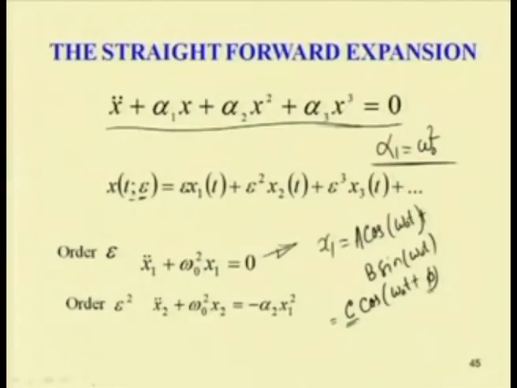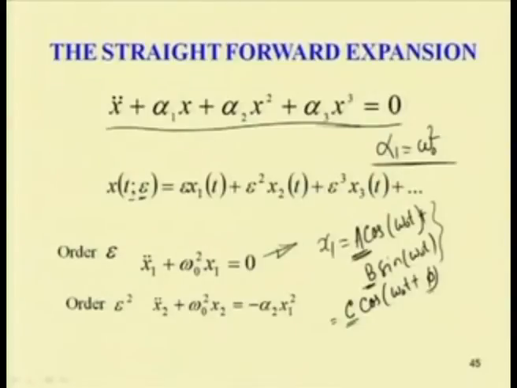In the first case, one can substitute the initial condition first and find the coefficients A and B, and then proceed to the order of epsilon square. In the second case, one can first find all the solutions, and instead of applying the initial condition at the start, substitute this equation in the order of epsilon square and order of epsilon cube, and at last find these constants.